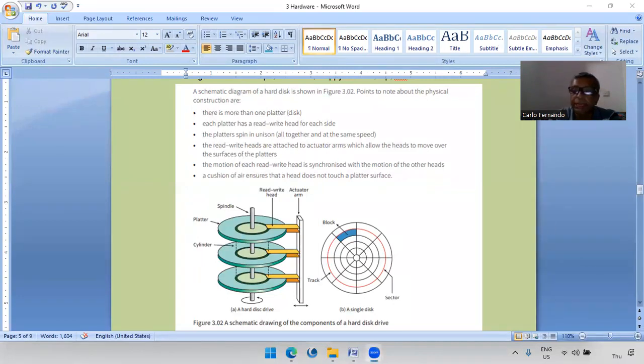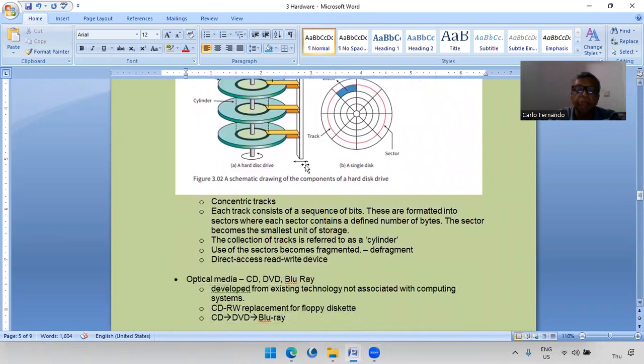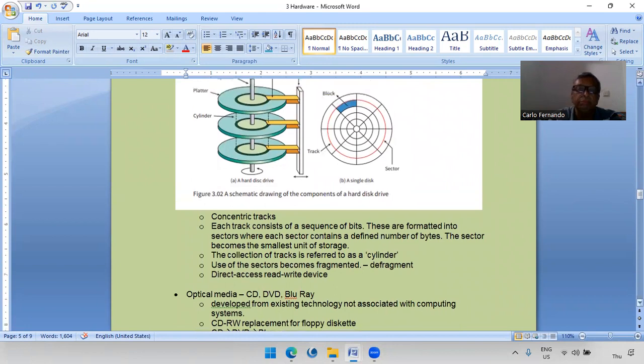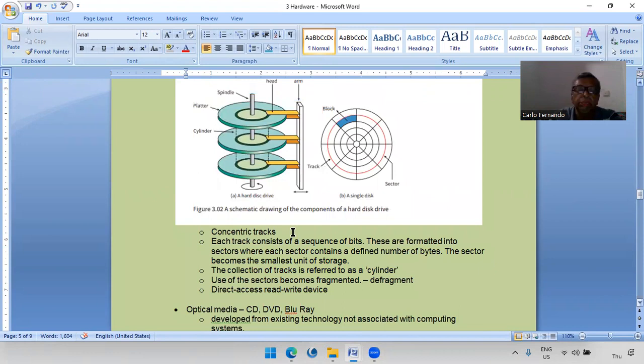A schematic diagram of the components of a hard disk drive. So let's go through the diagram again. Concentric tracks. That means these tracks all have one center.